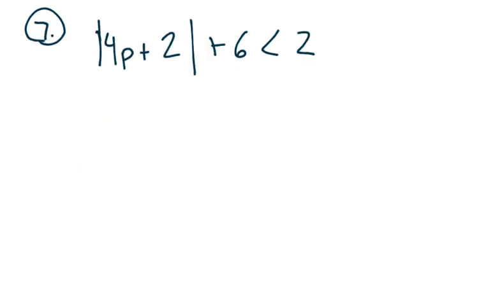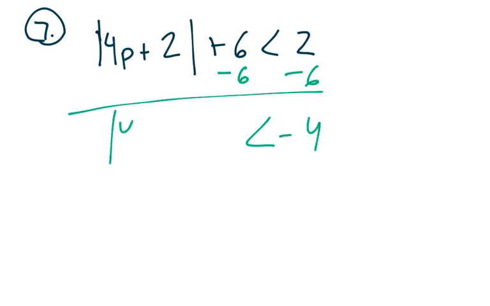Okay. All right, so number 7, hopefully you've attempted this on your own. You can very quickly see that you're still going to get the same effect, that you're going to get a negative value. So I'm just going to use this symbol here. It's not going to be true, right? You can't get an absolute value that's less than a negative number.